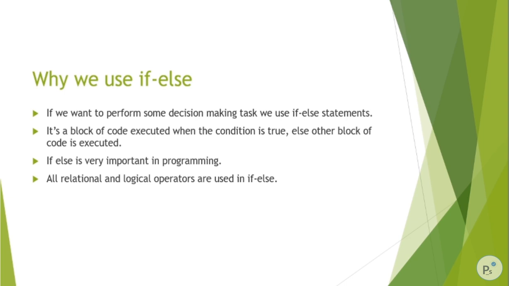As I told you previously, if-else conditions are very important to control the programming flow in your code. As I talked about in the previous video, the relational and logical operators are most probably used in if-else conditions rather than other statements.